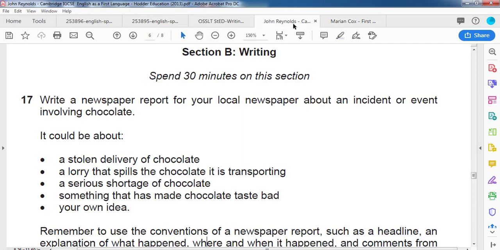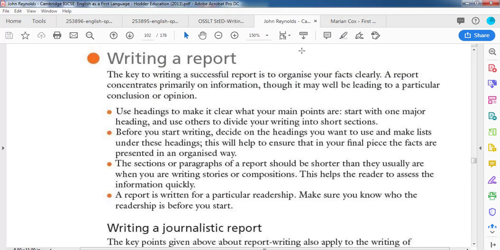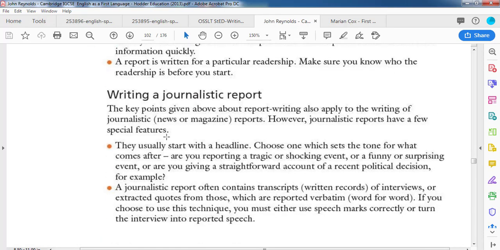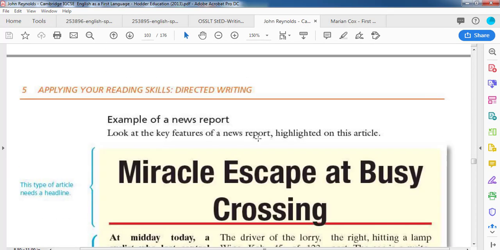Okay, in his book, John Reynolds, Cambridge, using English as first language for the IGCSE. He tried to give you an idea about writing a report in general and how to be specific about writing a journalistic report.